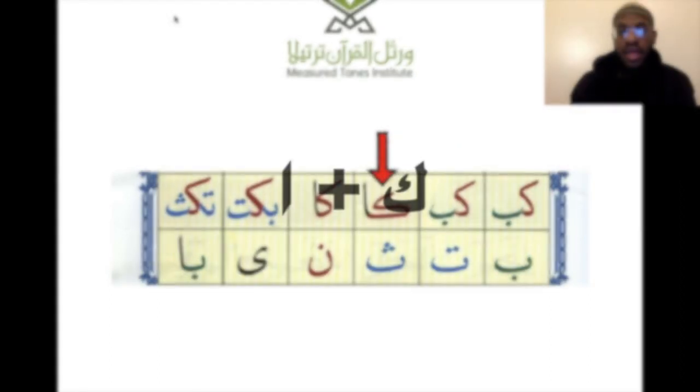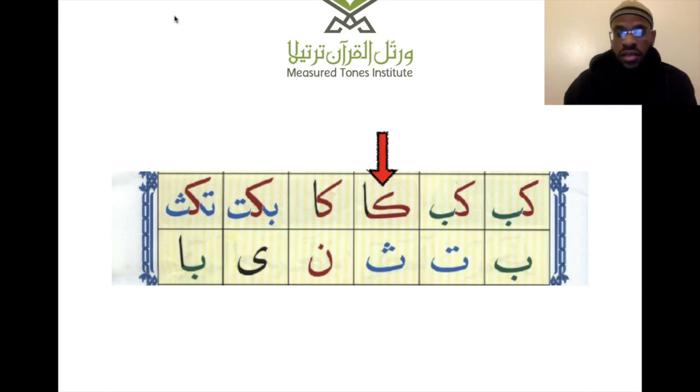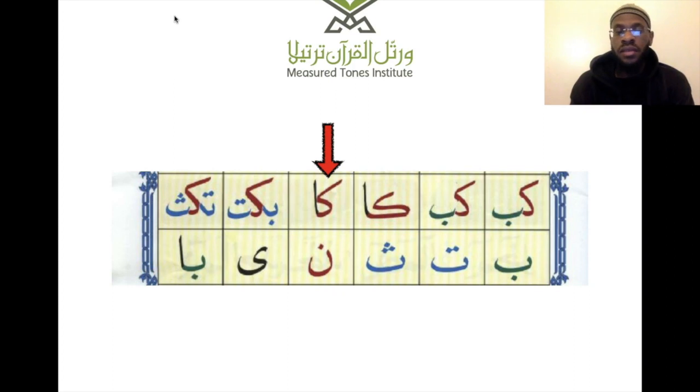Kaf, alif. Again, kaf, alif. But as you can see, the two kafs are slightly different, but you can see the resemblance. One is just a little longer than the other one, but they're the same, alhamdulillah.